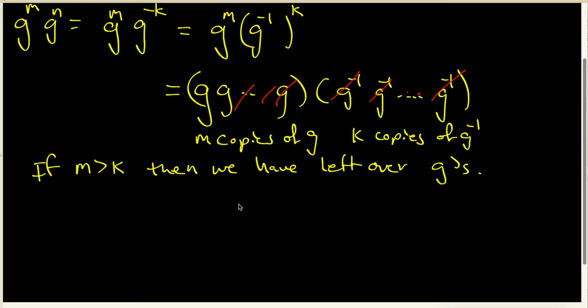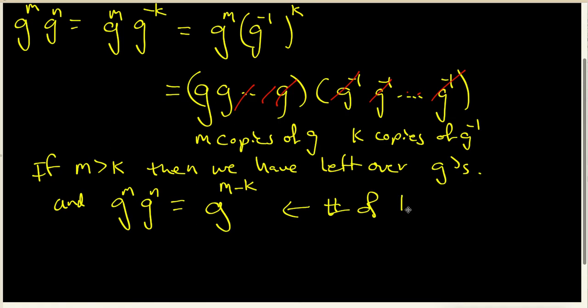And the number of leftover g's that we have is going to be m minus k, the number of them that got canceled off. And so I'm going to write g to the m times g to the n will wind up being g to the m minus k, which is the number of leftover g's after we do all this canceling.